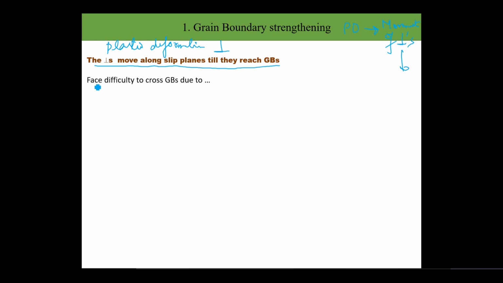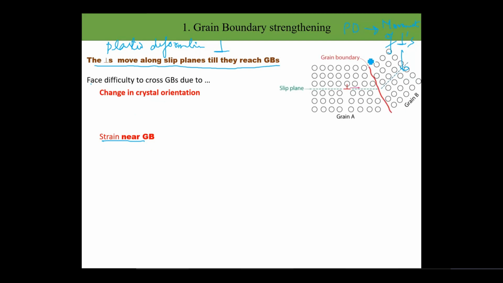So dislocations move along slip planes till they reach the grain boundaries, and they face difficulty to cross grain boundaries due to number one, change in crystal orientation, and number two, strain near grain boundaries.